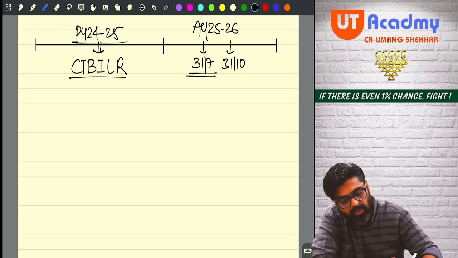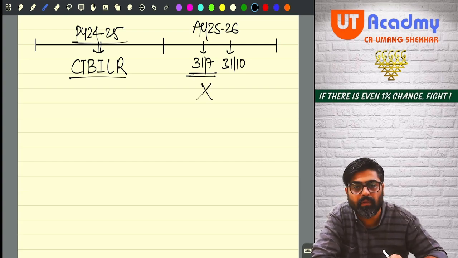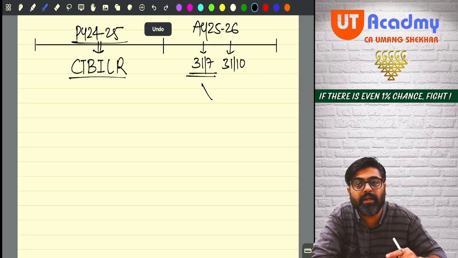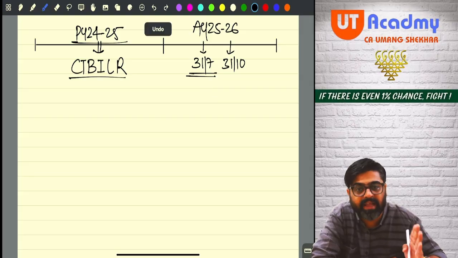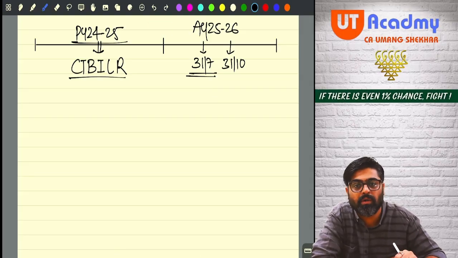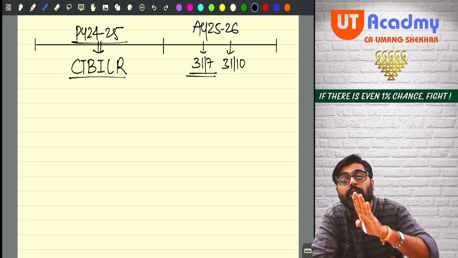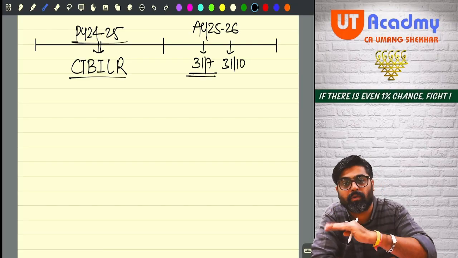But what if the due date is gone, and on or before the due date, these expenses are yet not paid? Then 43B will come into picture. And as per section 43B, these expenses will be disallowed. These expenses will not be allowed as a deduction out of your business income of 24-25.